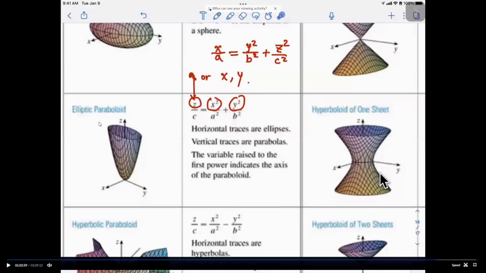So this paraboloid has the z-axis as its axis. If you replace this by x, and here will be y and z, then you get a paraboloid with the x-axis as the symmetric axis. So this variable of first degree indicates the axis of the paraboloid. All right, any questions here so far?